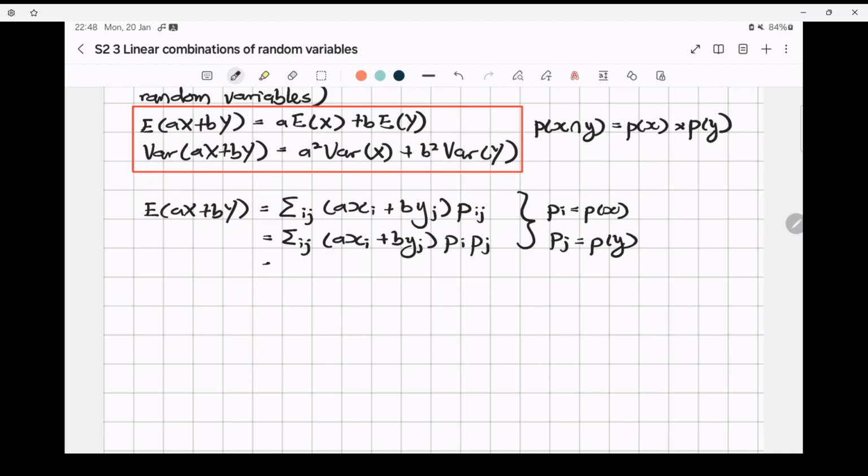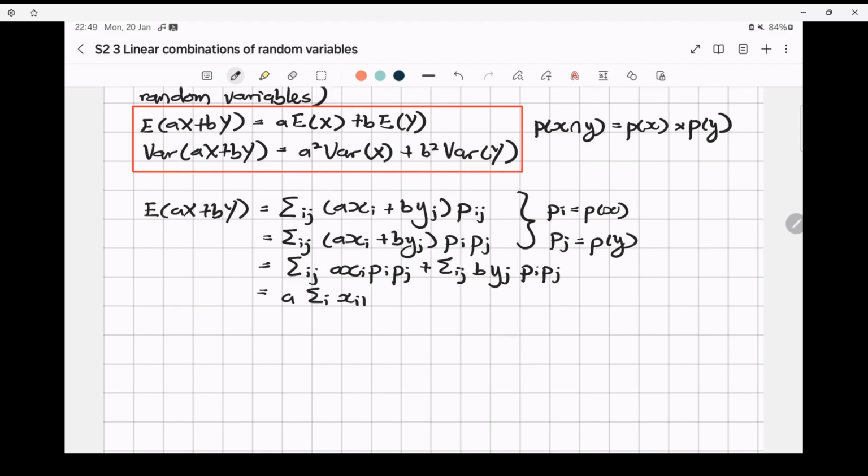Okay. Then the next thing, you just break them up. You have, sorry, yj, not xj, pi, pj. Now notice the indices. For indices i, you have a xi pi. Basically a is a constant, I can move it out.